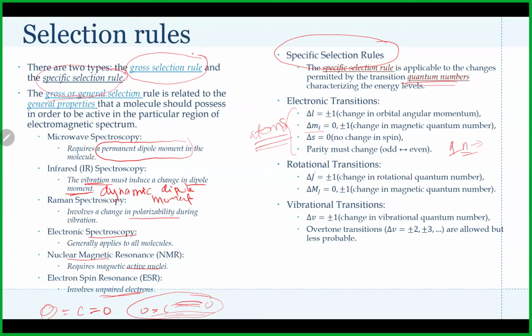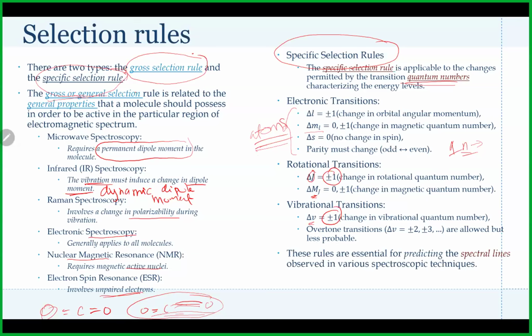Rotational states are characterized by J and M sub J. Vibrational states are characterized by V. So the specific selection rules say the allowed changes that can accompany the selection rule that characterizes the molecule.